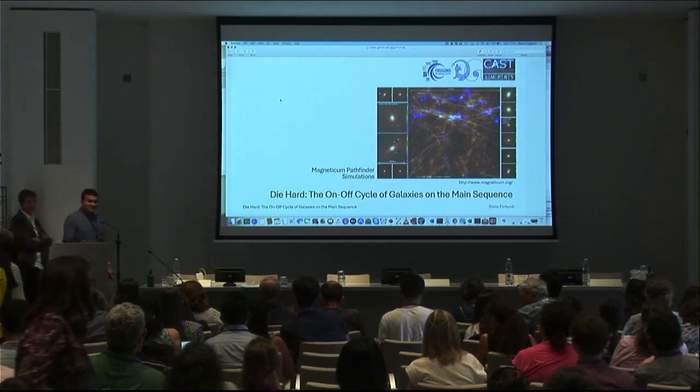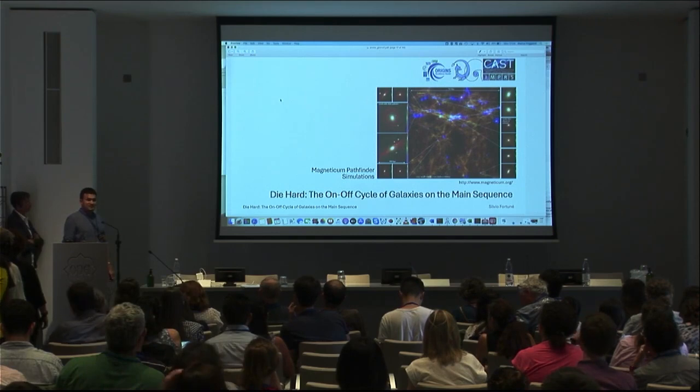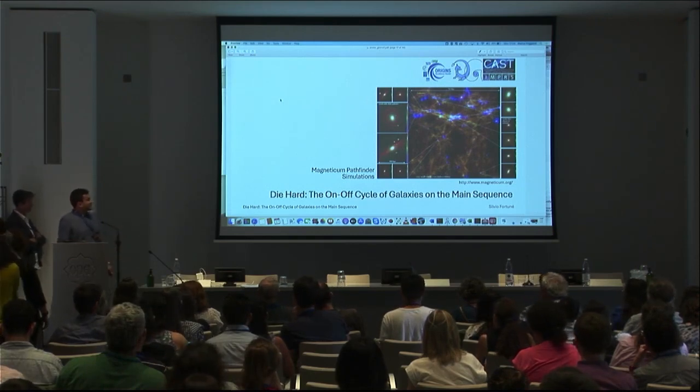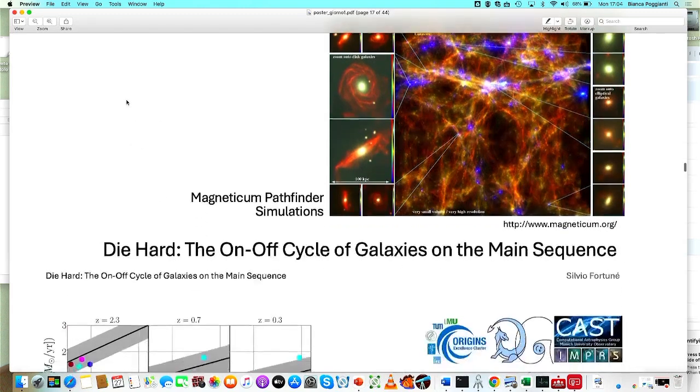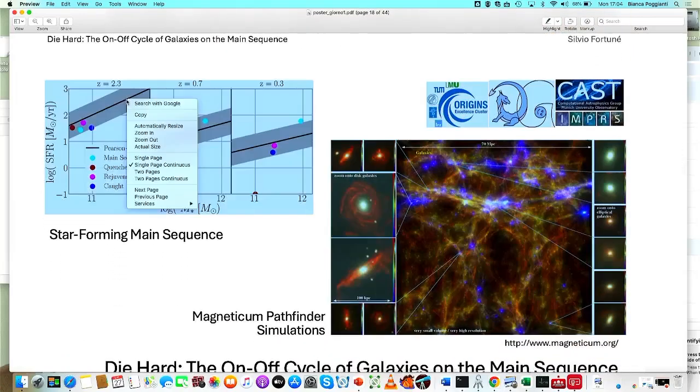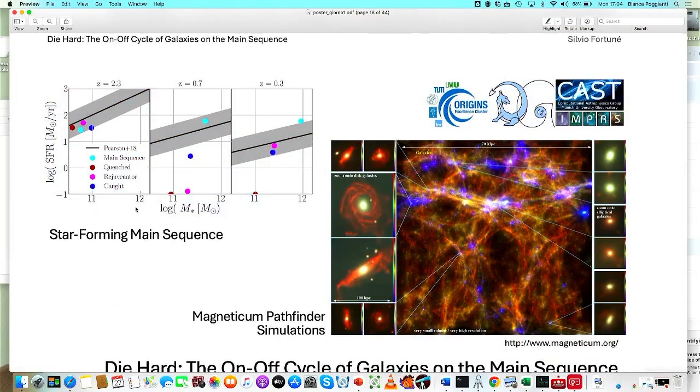Hello everyone, my name is Silvio Fortuné and I study galaxy evolution with a focus on quenching and rejuvenation. I do that by tracing galaxies through the Magneticum Pathfinder cosmological simulations and see how they compare to the star-forming main sequence. So here we see 4 galaxies that start on the main sequence. The cyan one stays on it, while 3 of them quench below.